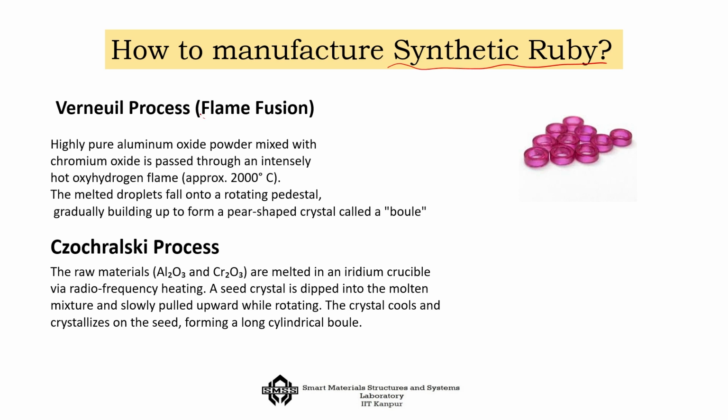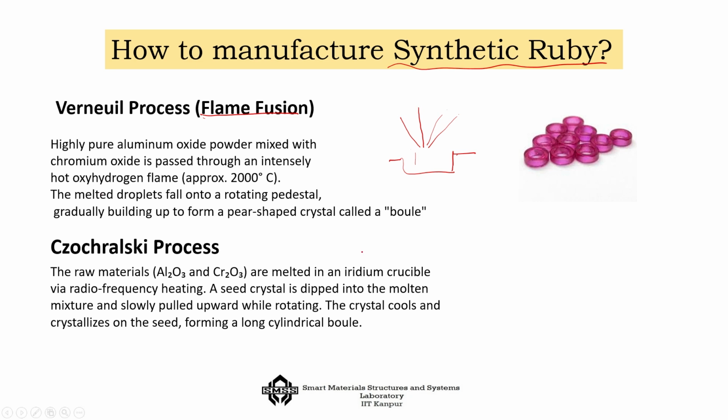The first process is called the flame fusion process or the Verneuil process, in which you are going to put the aluminum oxide powder from one side, let us say, and the chromium oxide powder in a chamber like this, and then you have to apply the flame.